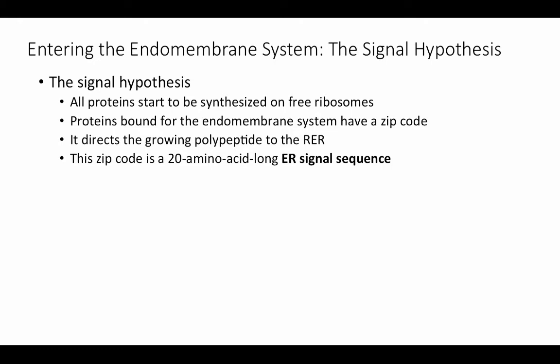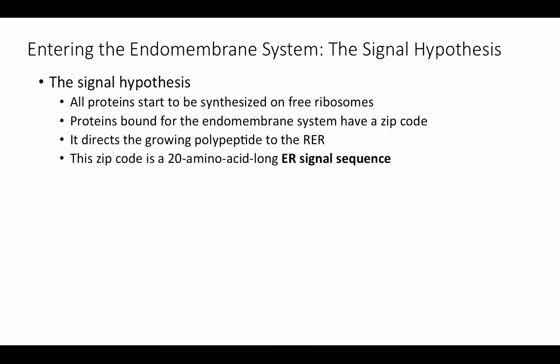The proteins that are bound for the endomembrane system are going to have a zip code somewhere in their amino acid sequence. And so we're just going to call that a zip code. It's going to basically identify that protein as something that has to be shipped somewhere. So that's going to direct the growing polypeptide to the rough endoplasmic reticulum.